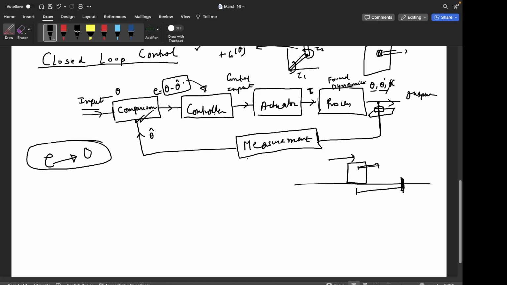So now each aspect of it, the controller aspect is the whole control theory, the measurement aspect is what you will hear as estimation, the state estimation theory. So each block in here is a whole field in itself.